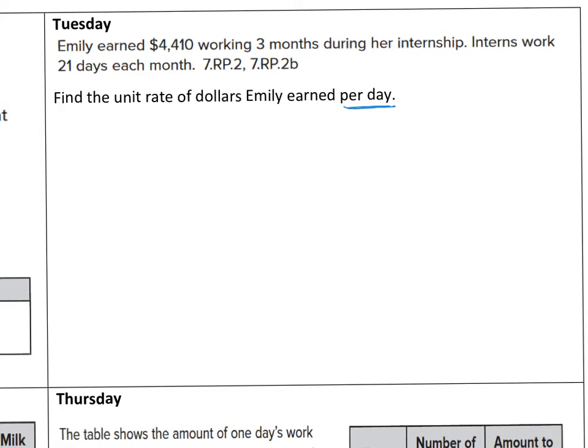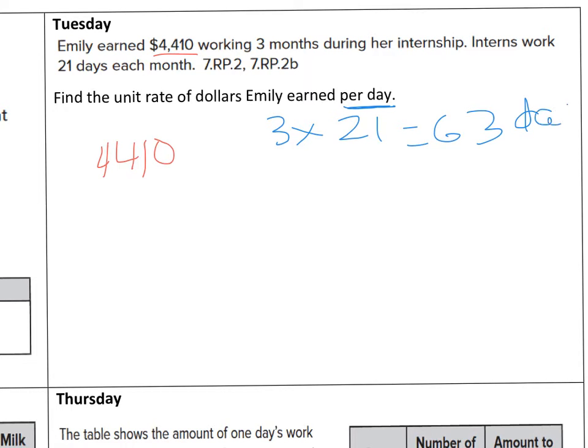All right, so let's see how we would answer this. In this case, we know she has earned $4,410. She has worked for 3 months, and each month is 21 days. So for 3 months, there are a total of 3 times 21 days, which would make it 63 days, because there are 21 days in 1 month.